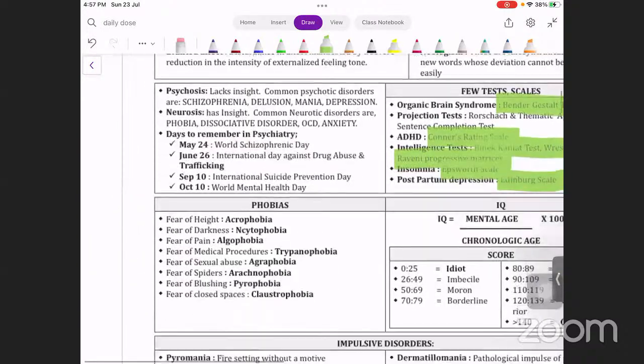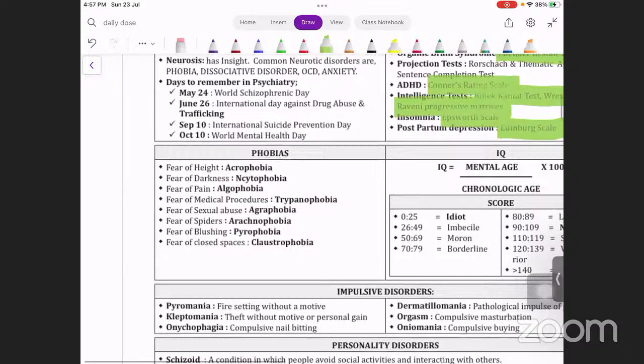Important phobias: fear of height, acrophobia; fear of darkness, nyctophobia; fear of pain, algophobia; fear of medical procedures, trypanophobia; fear of open spaces, agoraphobia; fear of spiders, arachnophobia; fear of fire, pyrophobia; and fear of closed spaces, claustrophobia.